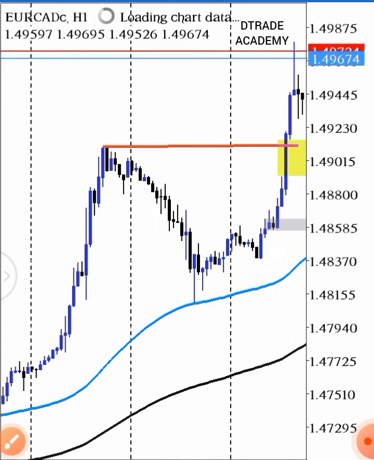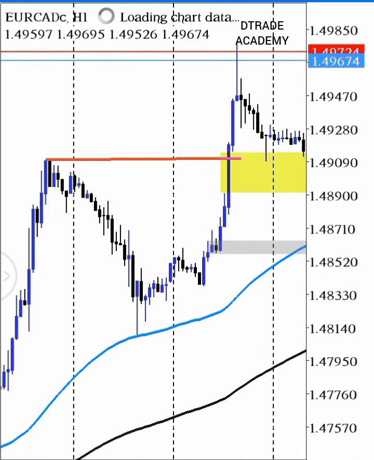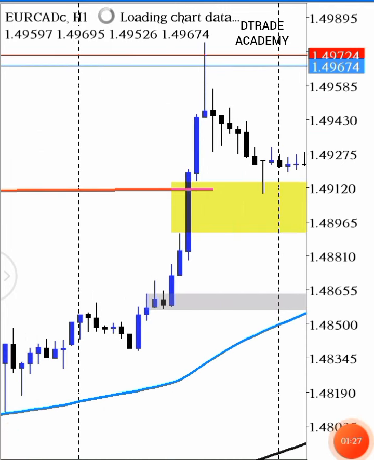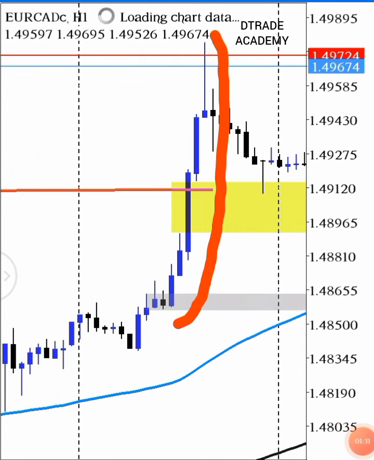Now, from our usual tradition, before you can start picking trades, we always look out for candles of the same colors. When you look here, you will see blue candles.